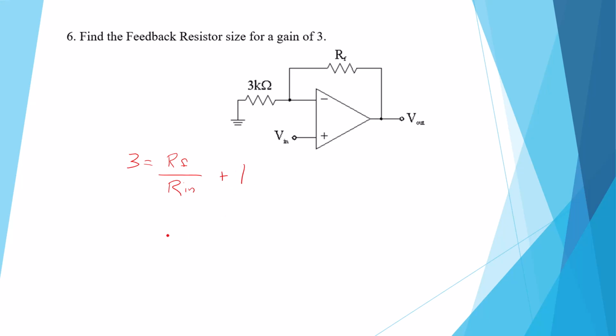If we rearrange this, we subtract 1 from one side. So 2 equals RF over Rn, and we need to find RF, so it becomes 2Rn equals RF. So 2 times 3K ohms equals 6K ohms.